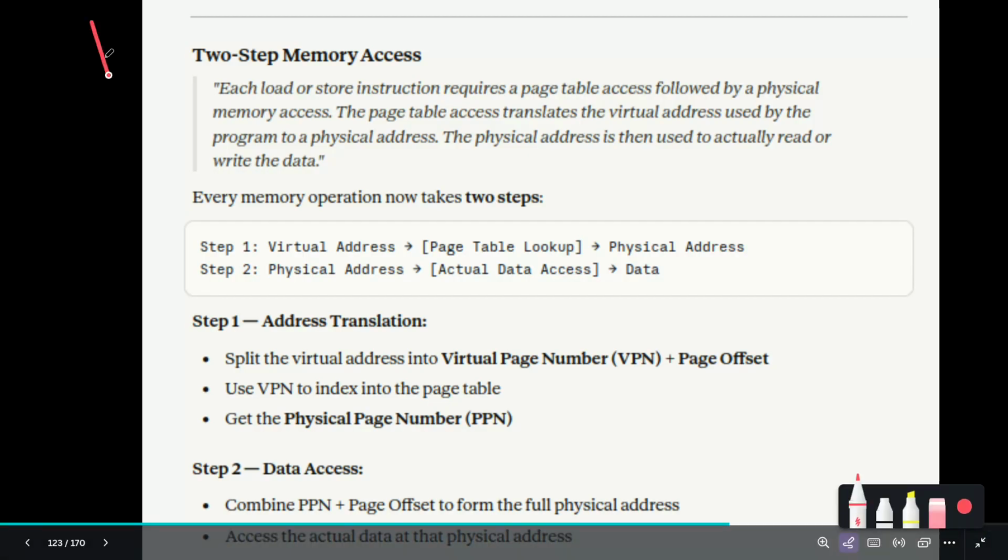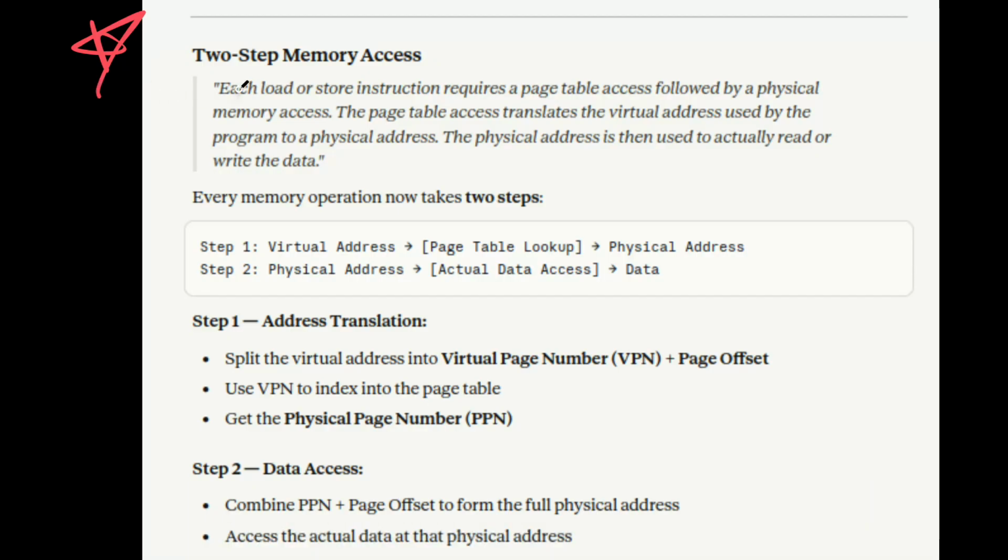Now, two-step memory access. Here another problem arises. Each load or store instruction requires a page table access. If I want to do a load or store, I need to first use the page table to get the physical memory access. The page table access translates the virtual address used by the program to a physical address, and the physical address is then used for reading or writing the data.